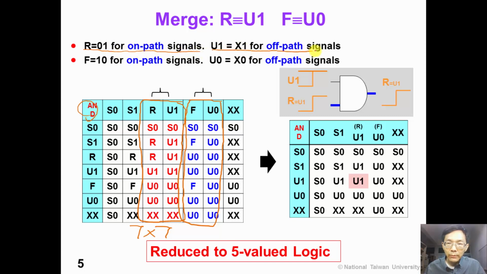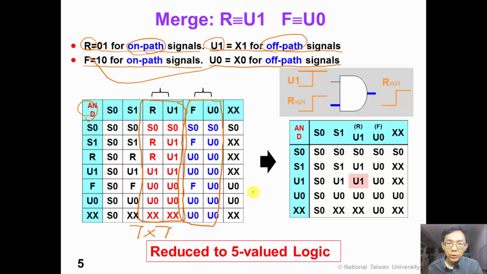U1 represents X1 for off-path signal. Since a signal can be either on-path or off-path, a signal cannot be both on-path and off-path. So we cannot confuse R and U1. Similarly, F represents 10 for on-path signal, U0 represents X0 for off-path signal. We can also merge F with U0.